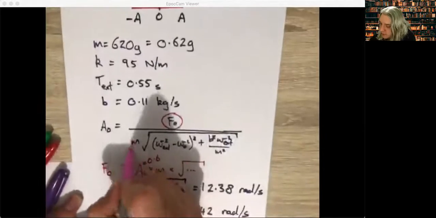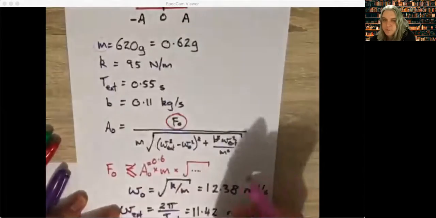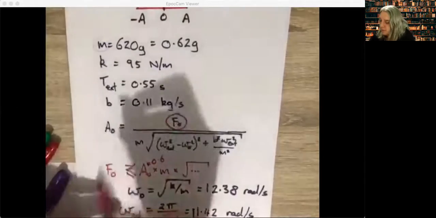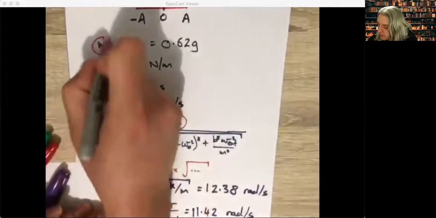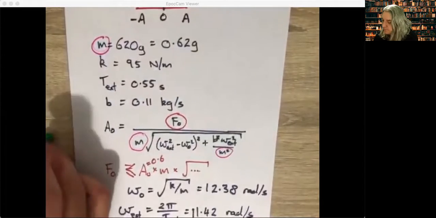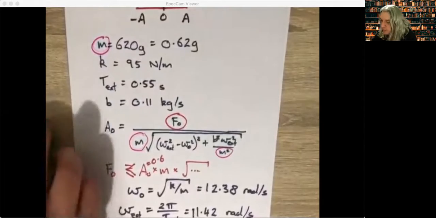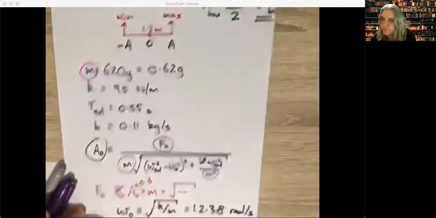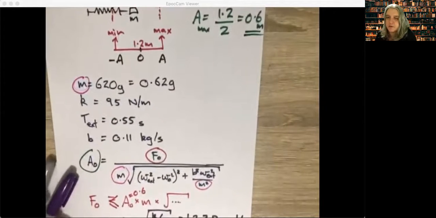All right, so we've got the mass here, the mass goes there and there. F0 is the one we're looking for. We've got our amplitude here and up here, 0.6.